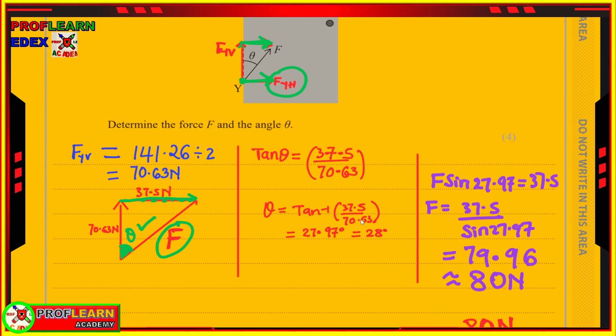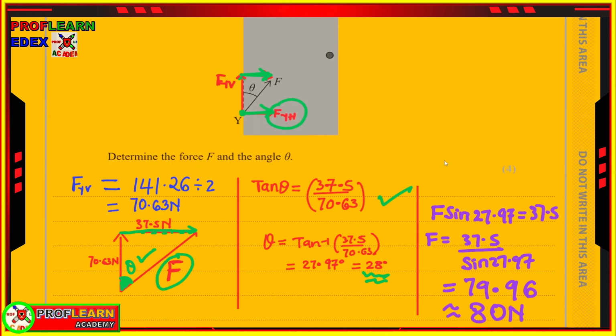To work out theta, we use opposite over adjacent: tan theta is equal to 37.5 over 70.63, and that gave us 27.97 degrees.